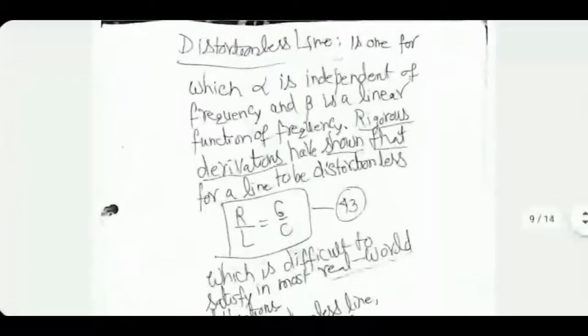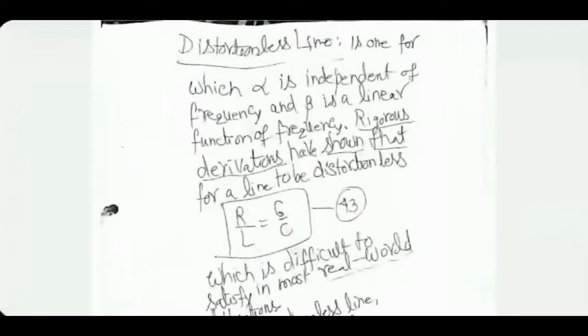Distortionless line is another concept, a bit hypothetical, but it's a useful golden standard that we strive for in real life. This is a line for which alpha is independent of frequency and beta is a linear function of frequency.